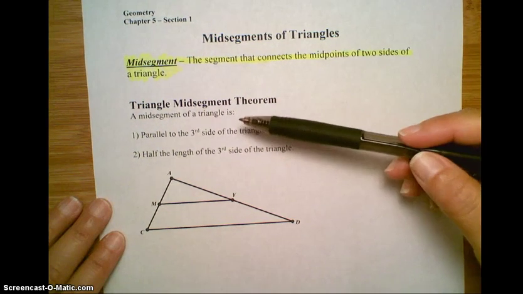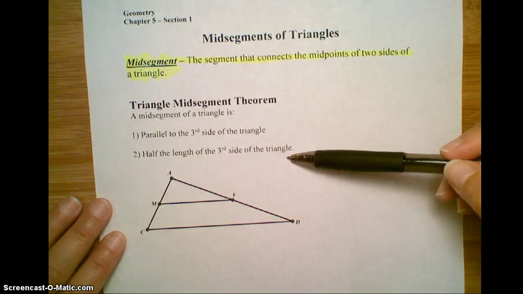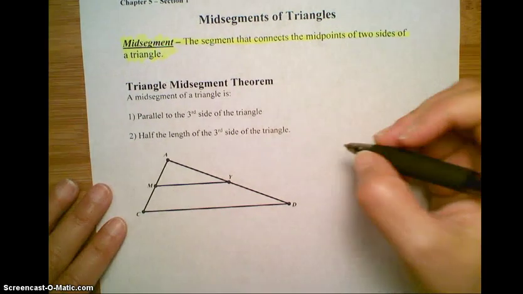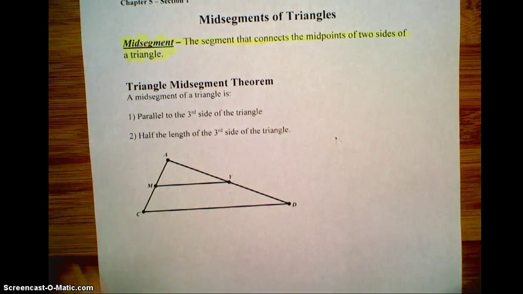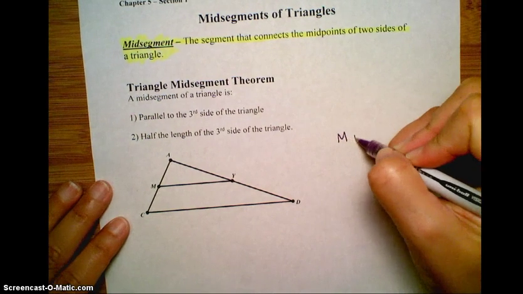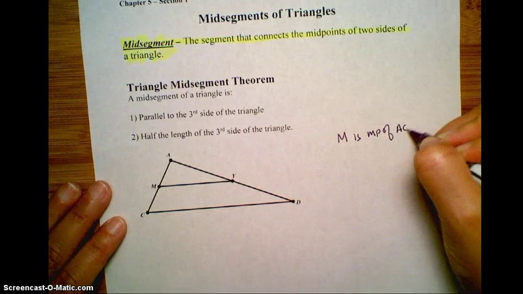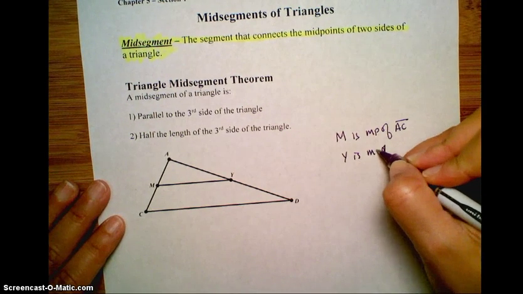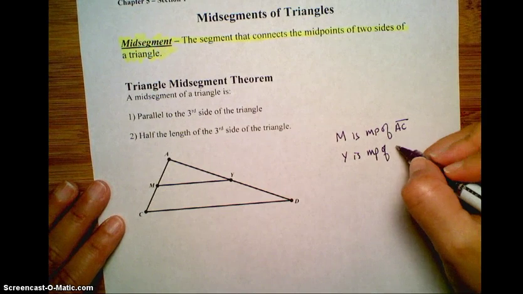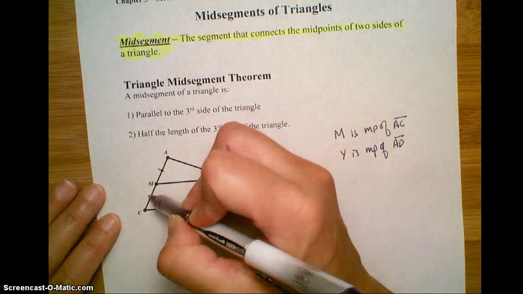The midsegment of the triangle is parallel to the third side of the triangle and half the length of the third side of the triangle. So in this picture, if we know that M is the midpoint of segment AC, and we also know that Y is the midpoint of segment AD, if we know that information, we can go ahead and mark the picture.